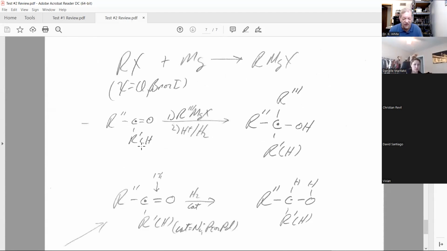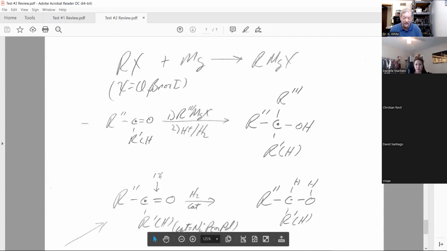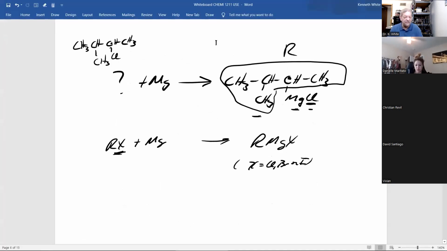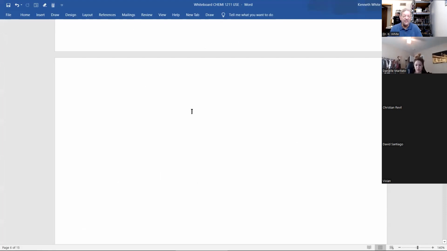So if you take a ketone or aldehyde, react it with the Grignard reagent, second step H plus H2O, and you form a carbon-carbon single bond to make an alcohol. This is very special, very rare in all of organic chemistry. And this is also one of the problems students have trouble with.